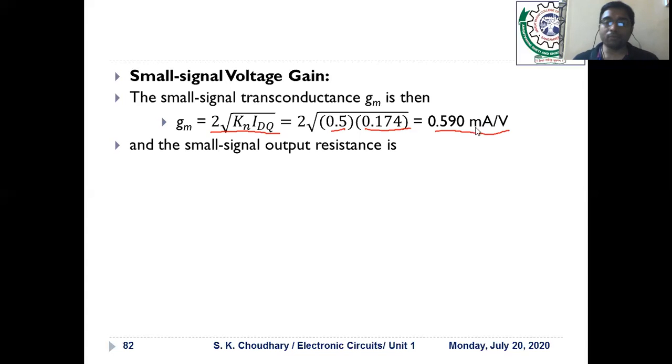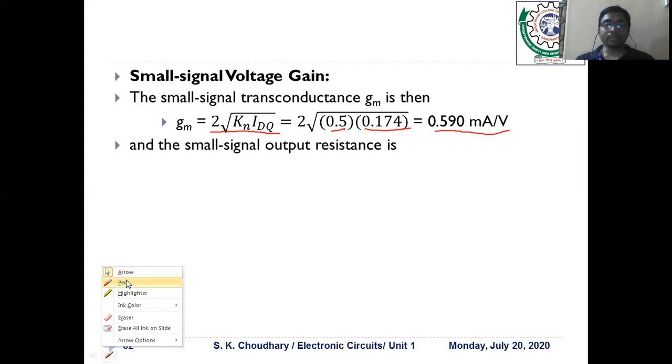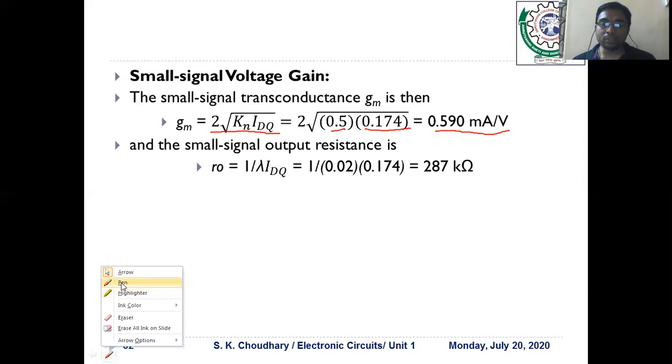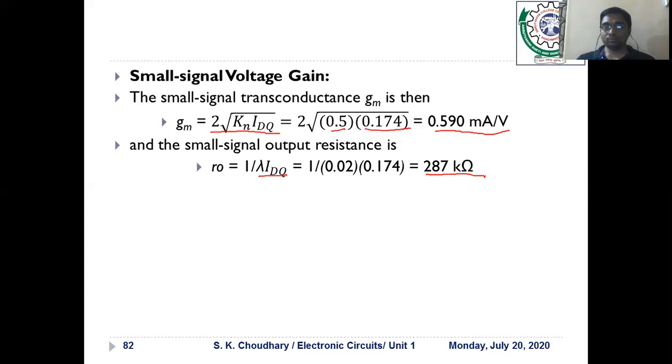If you remember, small r naught is equal to 1 upon lambda IDQ, and lambda is given in the question. IDQ we have already calculated, so it becomes 287 kilo ohm. So it is larger than the RD. Once you have got this, you have to put it in the formula of voltage gain.